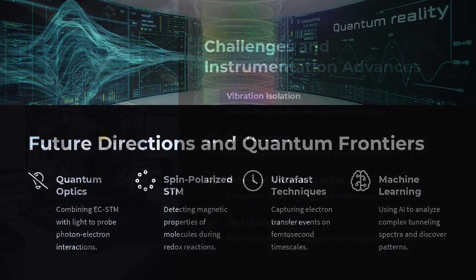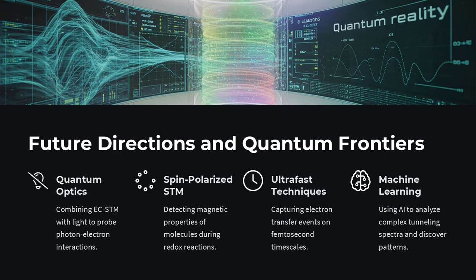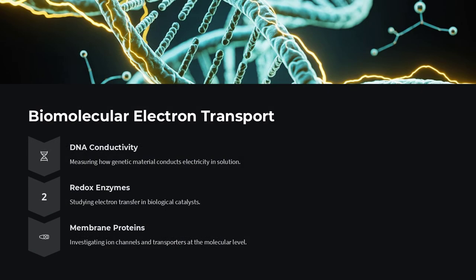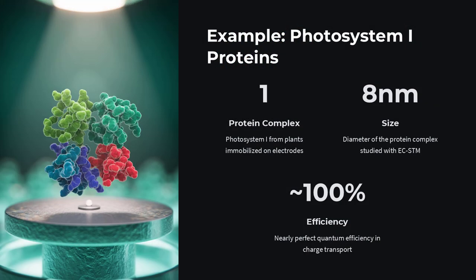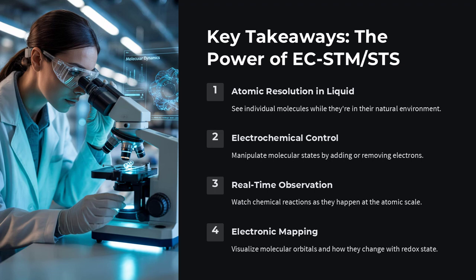In the coming years, expect ECSTM/STS to drive discoveries in electrochemical catalysis for green energy, such as CO2 reduction and water splitting; nanobiosensing, where individual molecules are detected via redox or tunneling changes; quantum nanotechnology, where redox control becomes part of quantum gate design; and electrochemical AI materials, where switching and memory can be encoded in electro-responsive molecules.